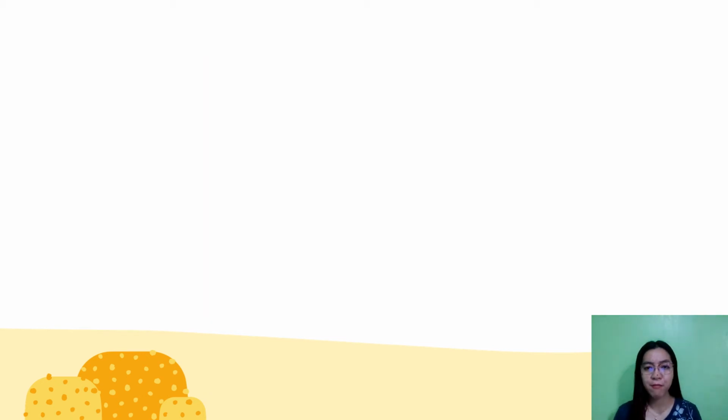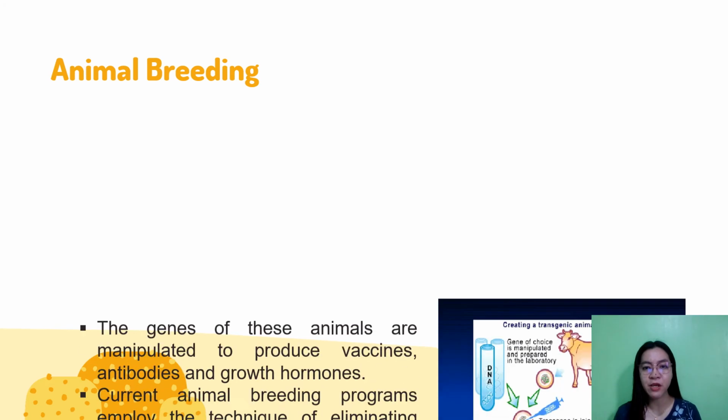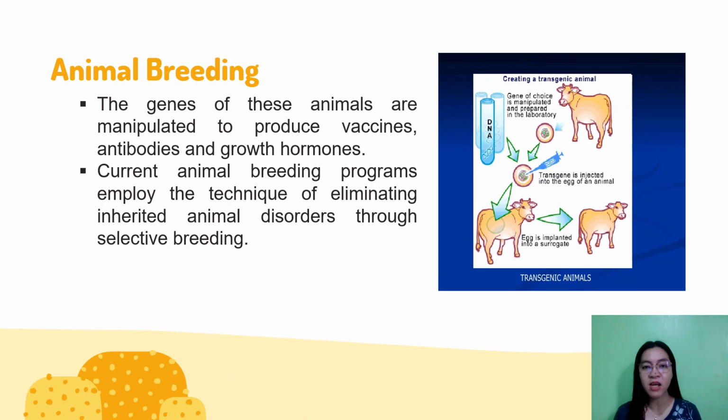Biotechnology has also influenced animal breeding in the same way it has revolutionized plant breeding. Biotechnology has helped breeders produce better and superior breeds of animals as well as increase their productivity. The genes of these animals are manipulated to produce vaccines, antibodies, and growth hormones.